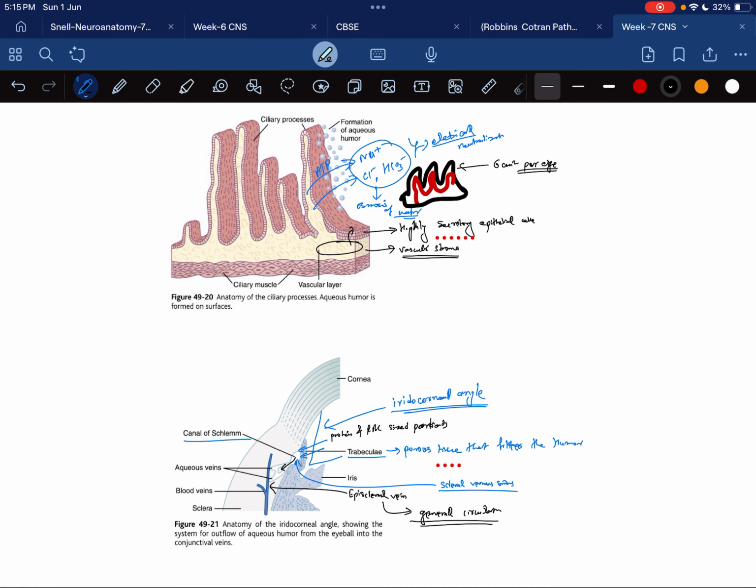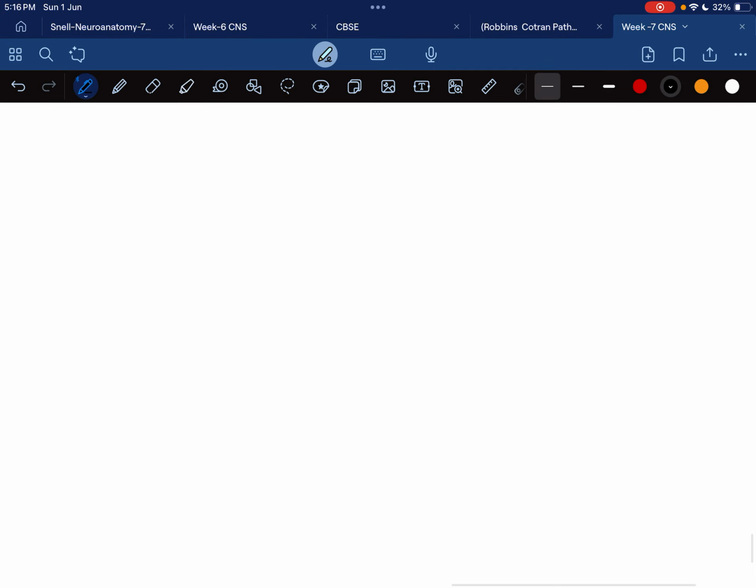Now moving on to formation versus drainage. The production rate is 2 to 3 microliters per minute, and intraocular pressure is maintained by the equilibrium between formation and drainage.